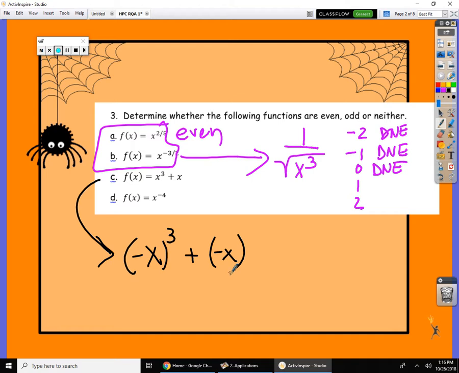What did I do? I replaced every x with -x because I'm trying to see what happens when I reflect over the y-axis. When I reflect over the y-axis, I get -x cubed minus x. How does that compare to my original equation? Everything's reversed. Therefore, it is odd.